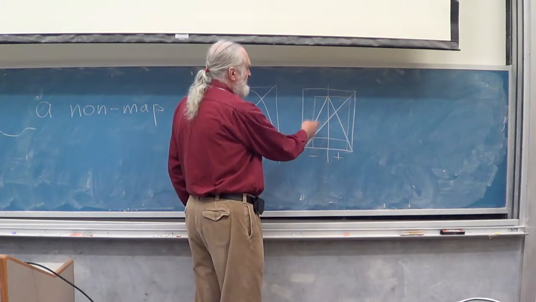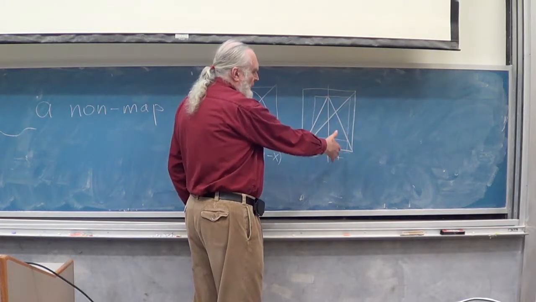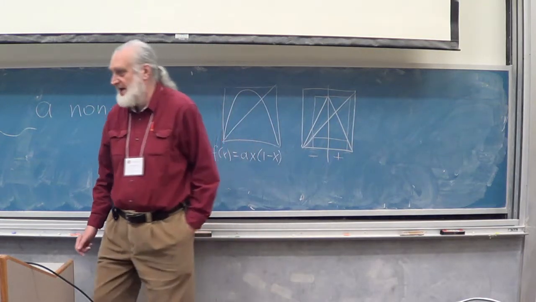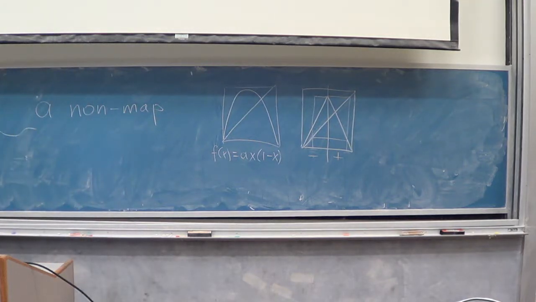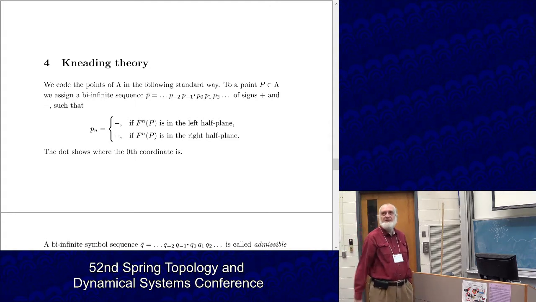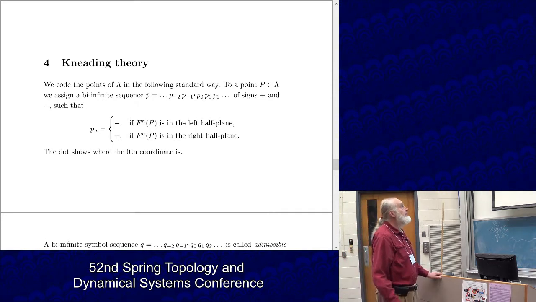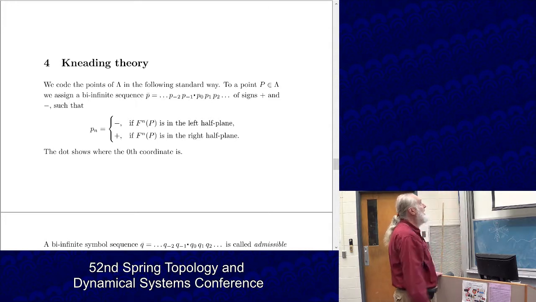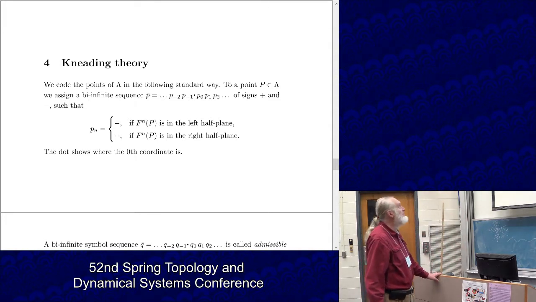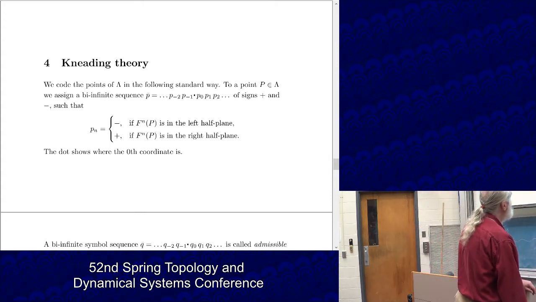And then you take a point, you look at its trajectory, and you get a code which is a sequence of pluses and minuses. So here we do the same. We have the divider, and there's plus on the right, minus on the left. But the map is invertible, so you can go both ways. So your sequence is bi-infinite. So this P bar is our kneading sequence and our itinerary of a point, really.